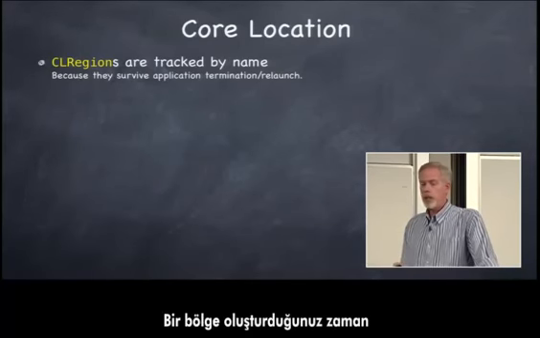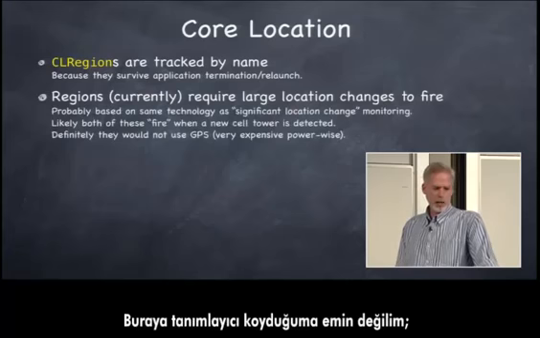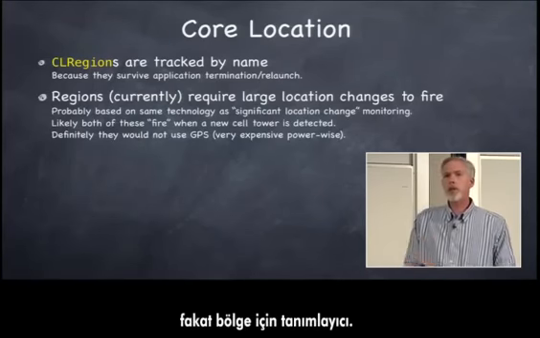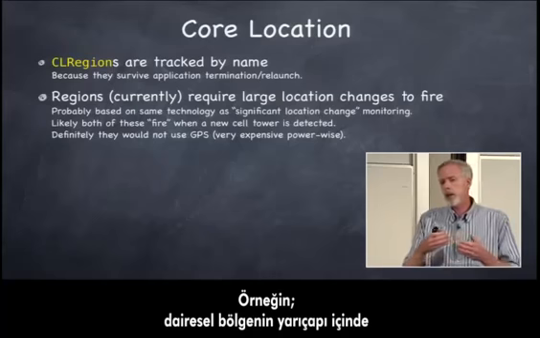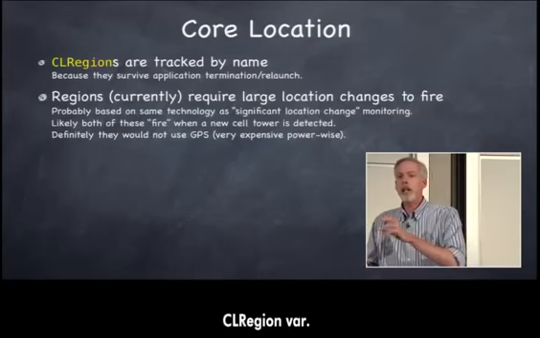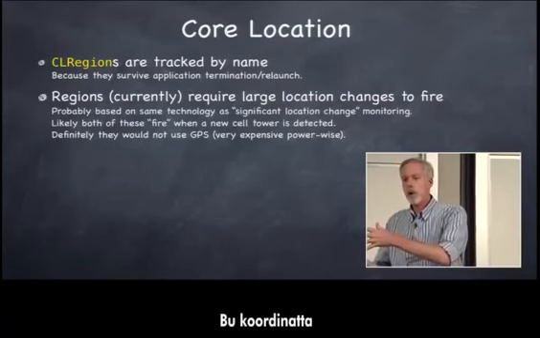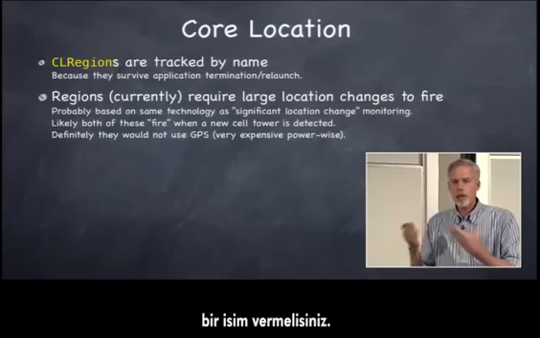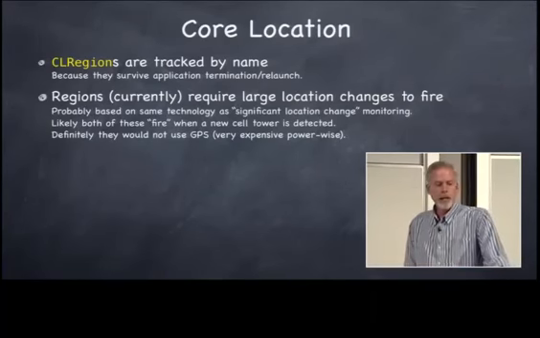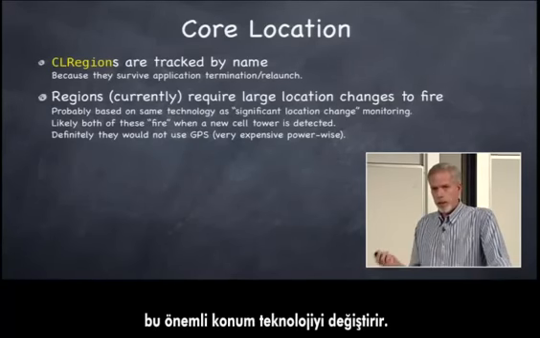So when you create a region, you create it by name. For example, there's CLRegion initWithCircularRegion, with a radius at a coordinate, name colon string, and you give it a name. So when you initialize it, you give it the name.